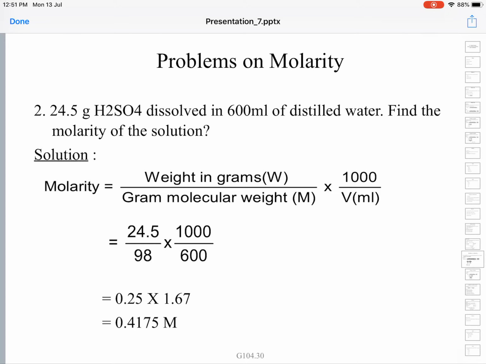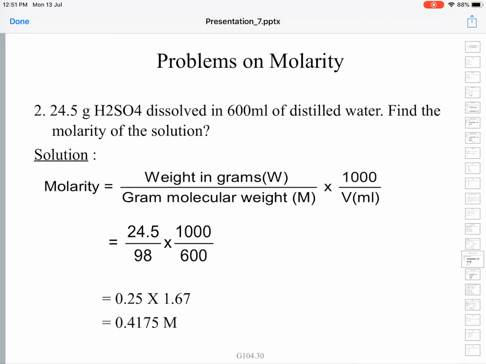The volume of the solution is 600 ml. Once this is dissolved in 600 ml of water solvent, the volume of the solution also becomes 600 ml.